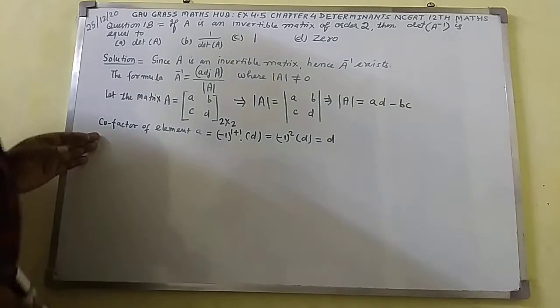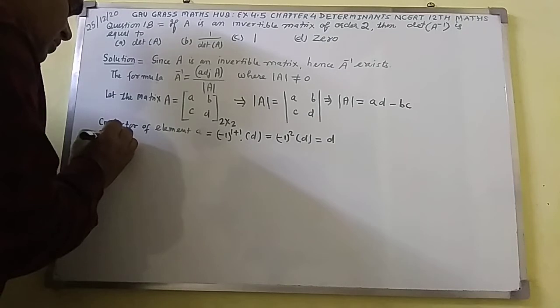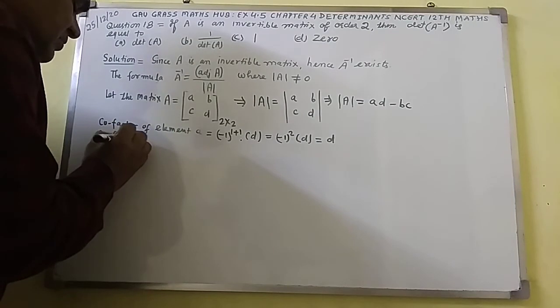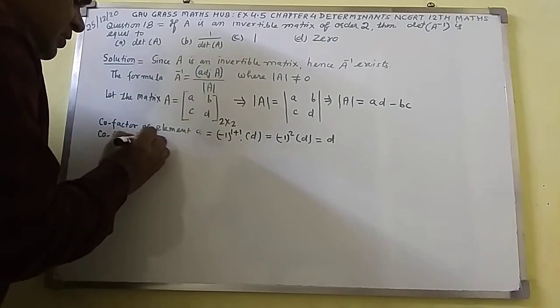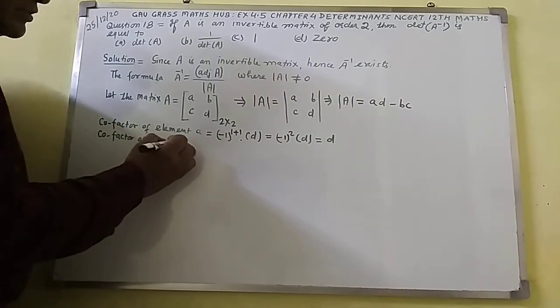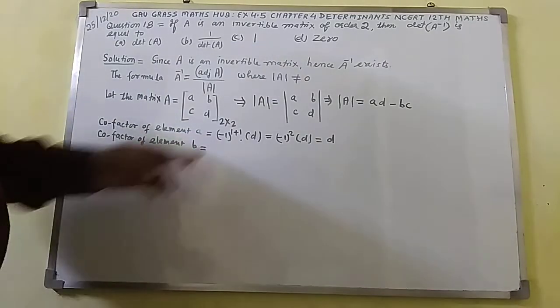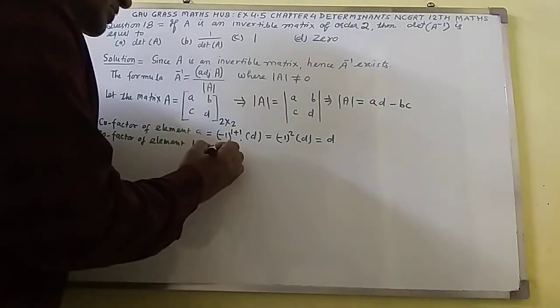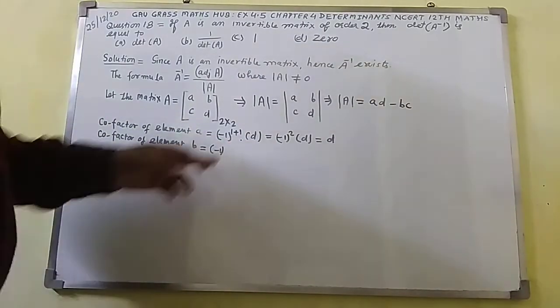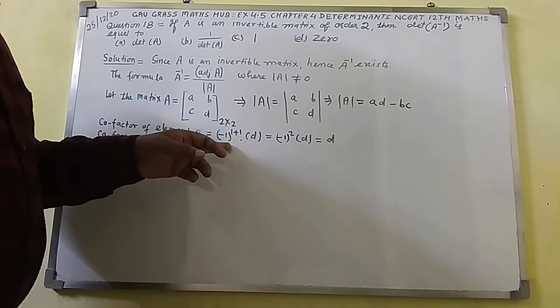Again I shall write cofactor of element B. -1 here is fixed, raised to the power i plus j. i represents row position.